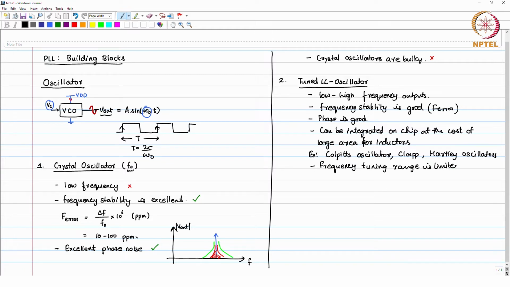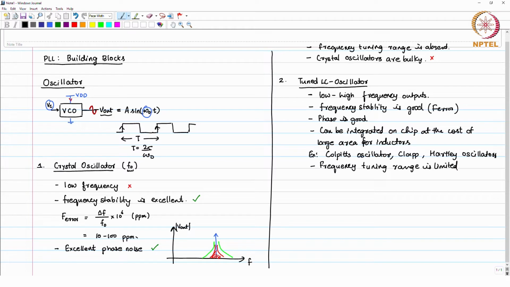In case of your crystal oscillators, frequency tuning range actually does not exist. So, once you design a crystal oscillator, whatever the frequency you have, that is what you get. Okay. Frequency tuning range is roughly absent. Okay. So, you have to design it carefully for the desired frequency.